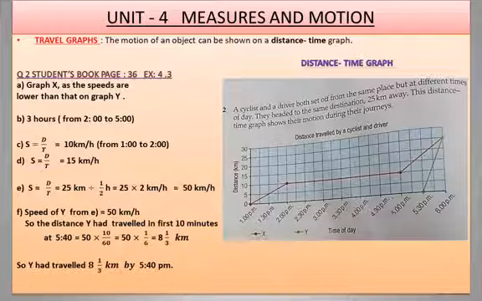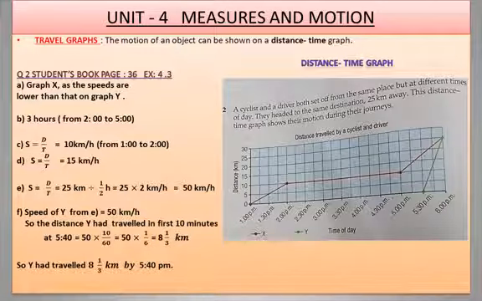Now question number E: what was the speed of person Y during their journey? You have to find the speed for the full journey, that means the driver's speed. Speed equals distance by time.